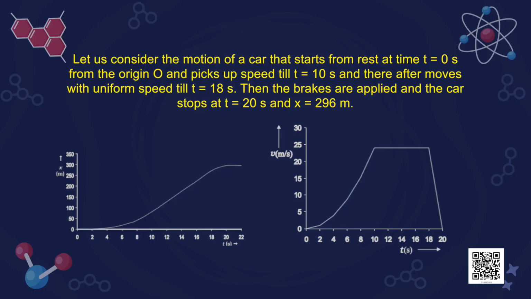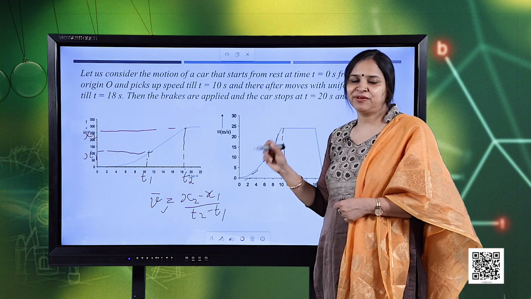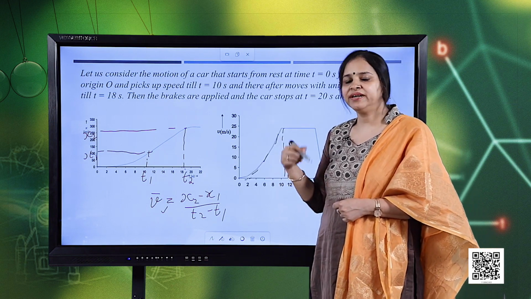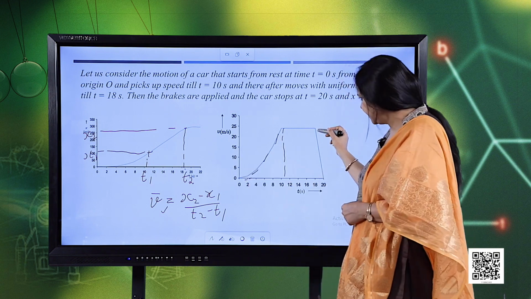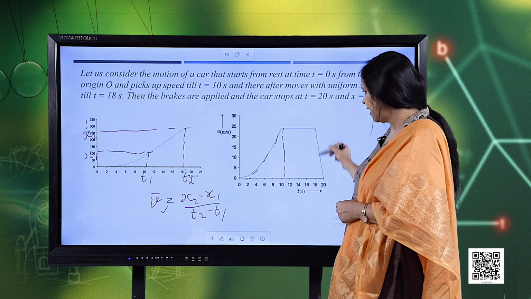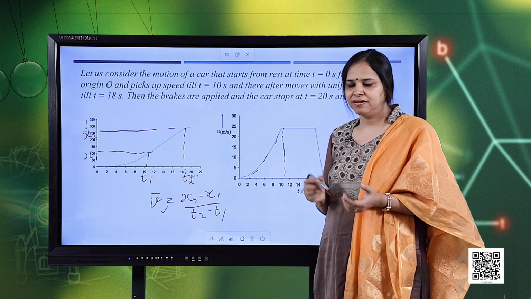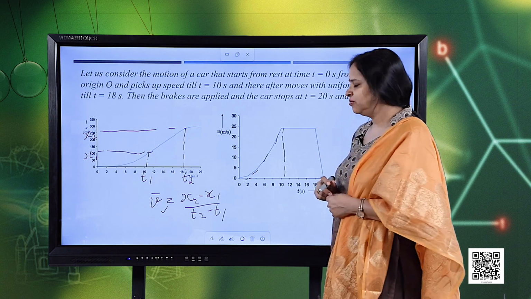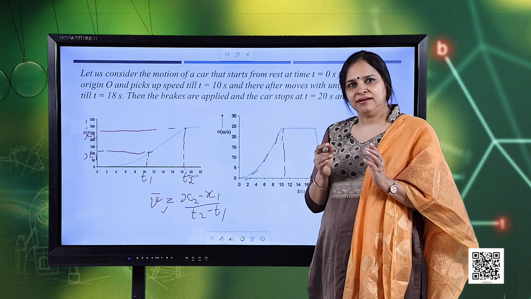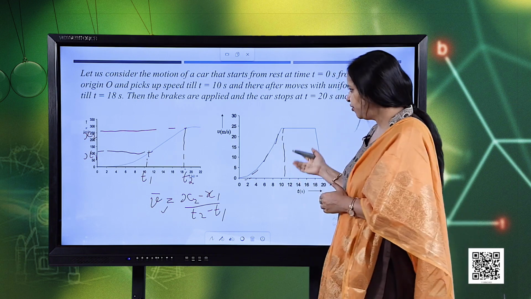For the interval of 18 to 20 seconds, the average velocity is different from the velocity at different instants. At each instant the velocity will be different, but the average velocity will have some different value.